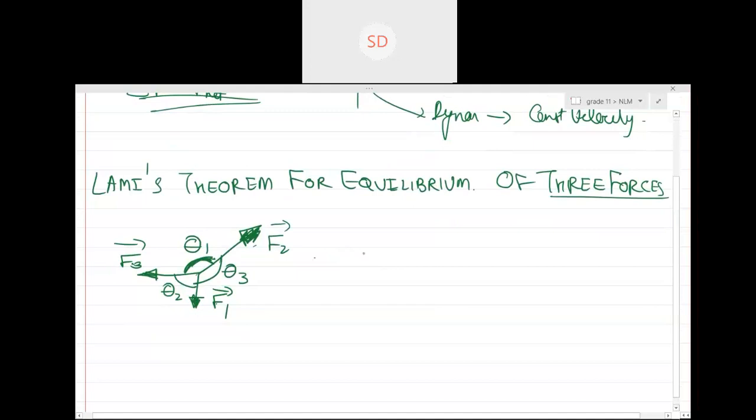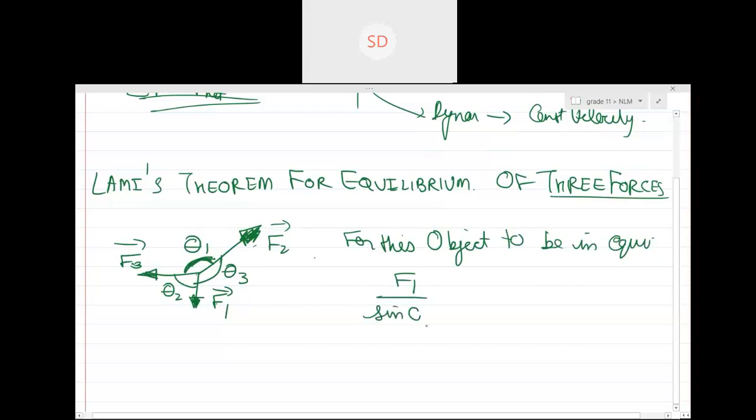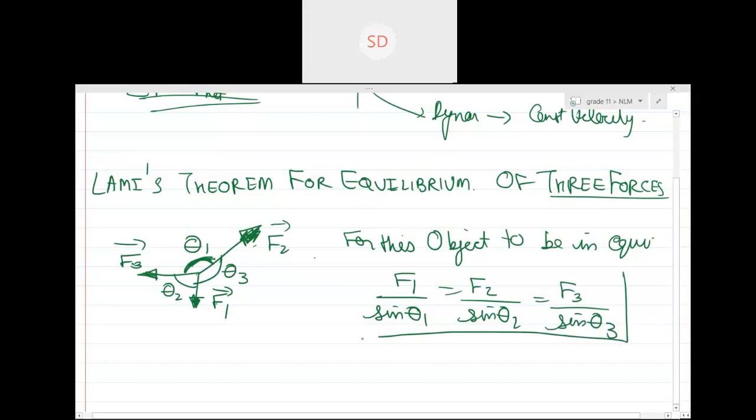Then for the object to be in equilibrium, F1 upon sine theta 1 should be equal to F2 upon sine theta 2, equal to F3 upon sine theta 3.